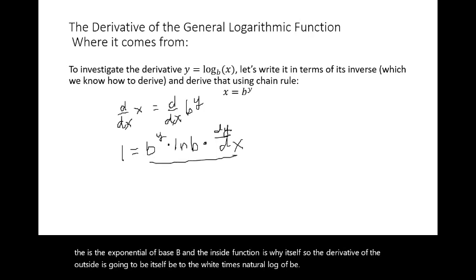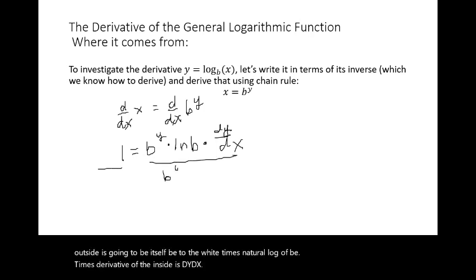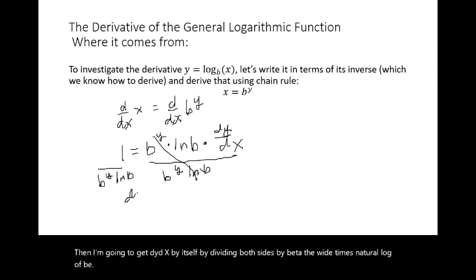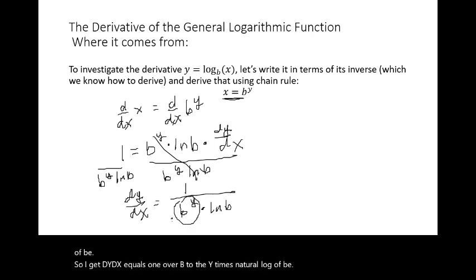Then I'm going to get dy dx by itself by dividing both sides by b to the y times natural log of b. So I get dy dx equals 1 over b to the y times natural log of b. And according to this equation right here, b to the y is equal to x.